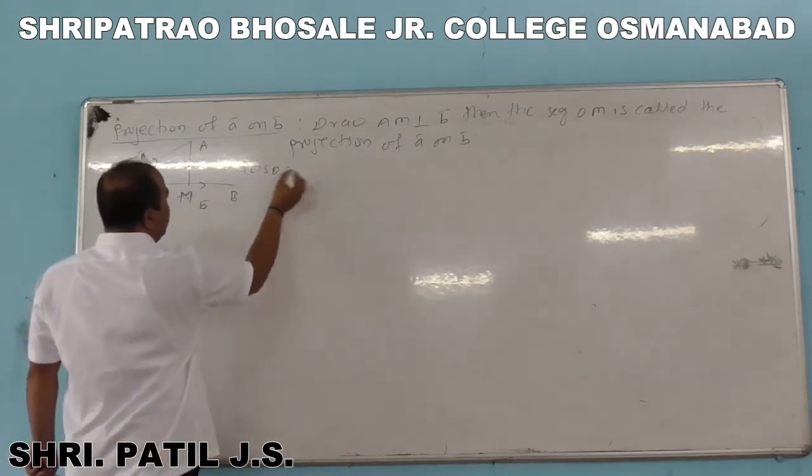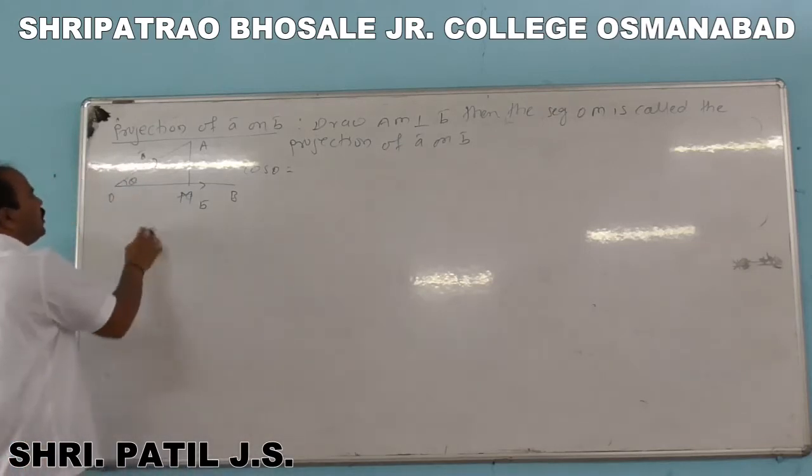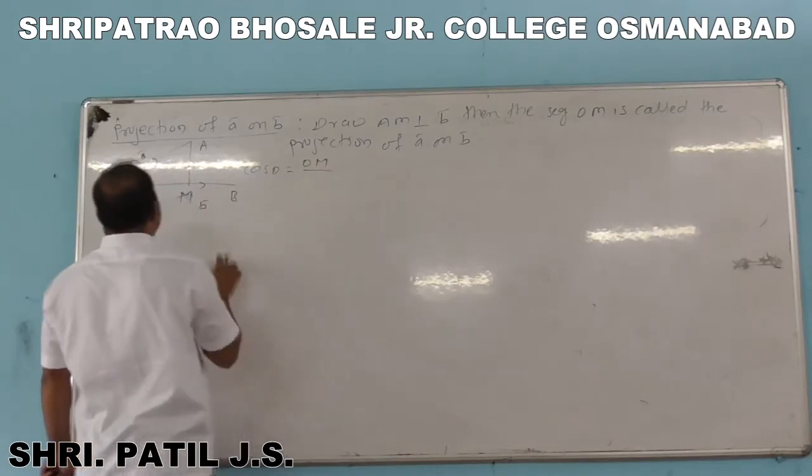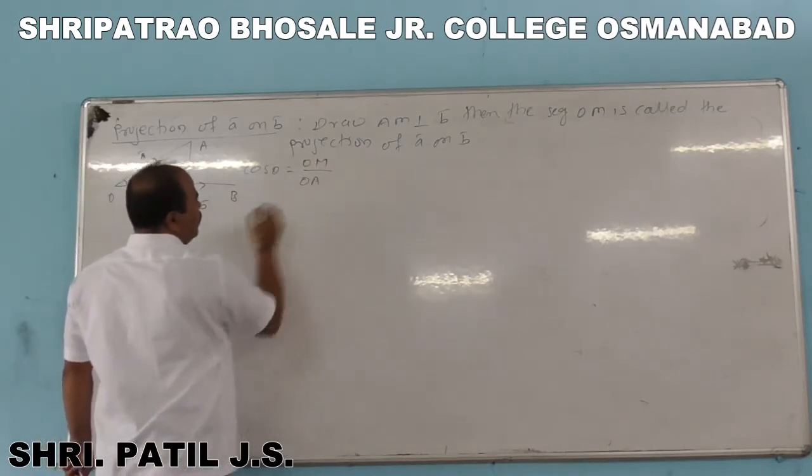We have cos theta equal to, in this figure, the adjacent side, that means OM, divided by the hypotenuse, that means OA.